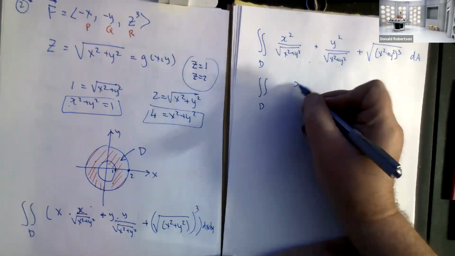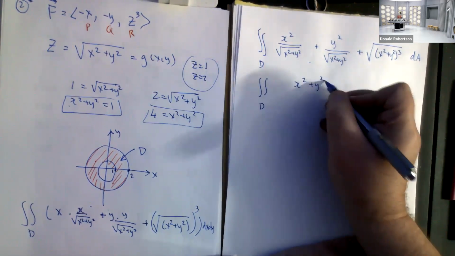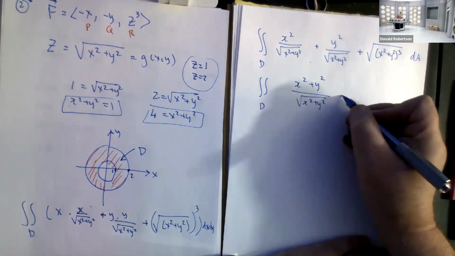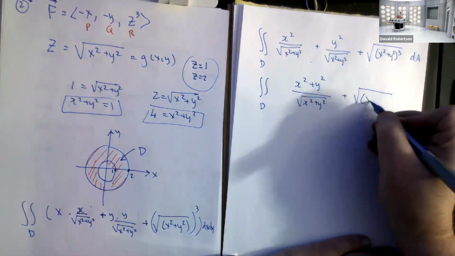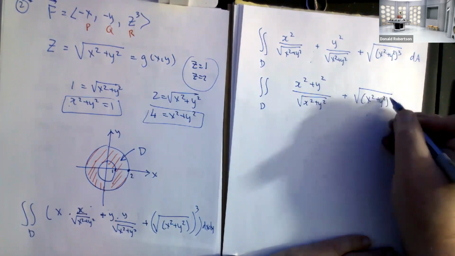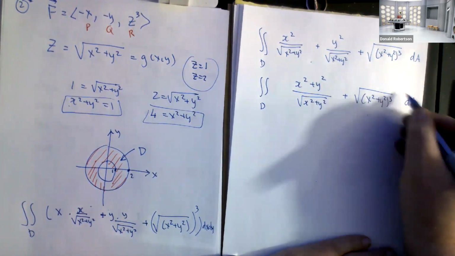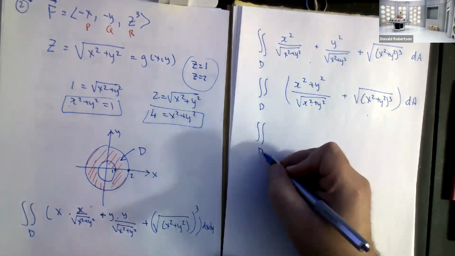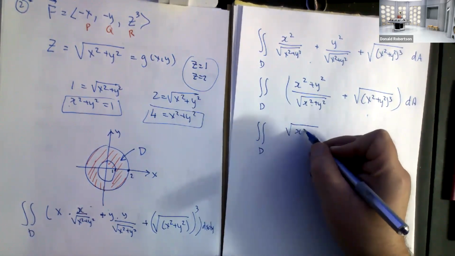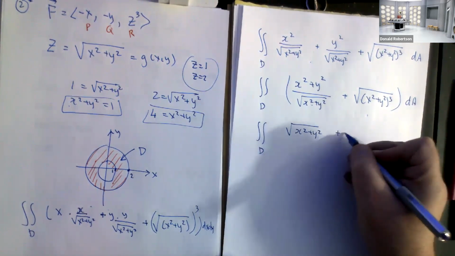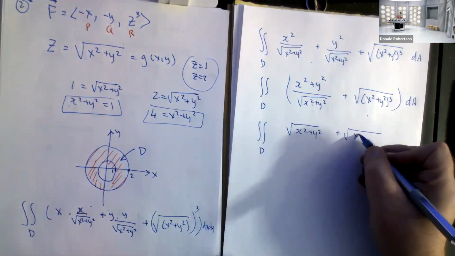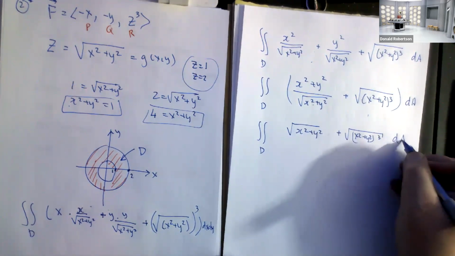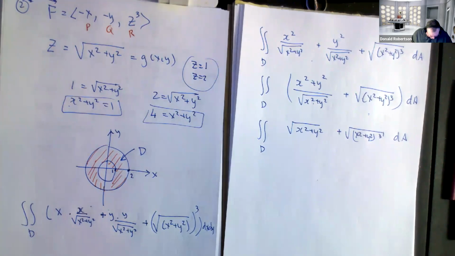These two can join together and give me x squared plus y squared over this, plus that guy, dA. That partially cancels this guy. And so I'm left with the square root of x squared plus y squared plus the square root of x squared plus y squared cubed dA. Okay, I think it's time to go polar.